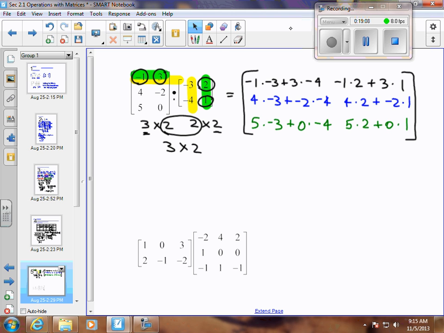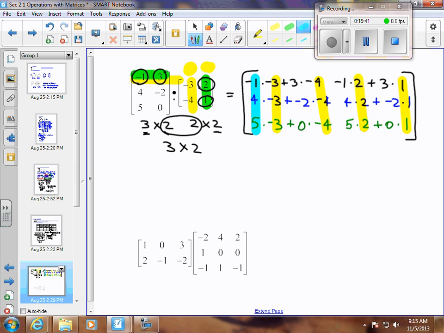And if you'll take a second to look at the matrices, the way they're configured, notice that these numbers represent the first column. These numbers represent the second column. And the ones that I didn't highlight represent the rows. Or I guess I could highlight a different color.